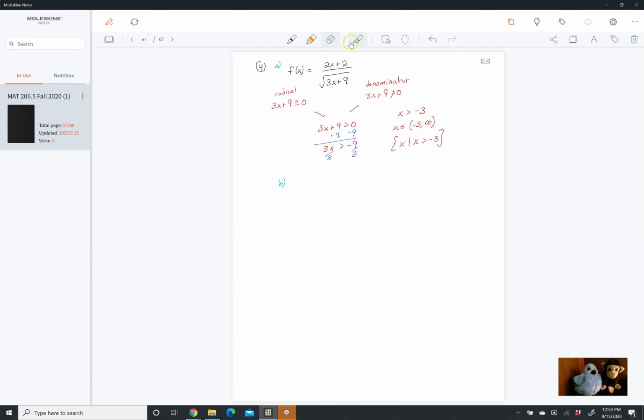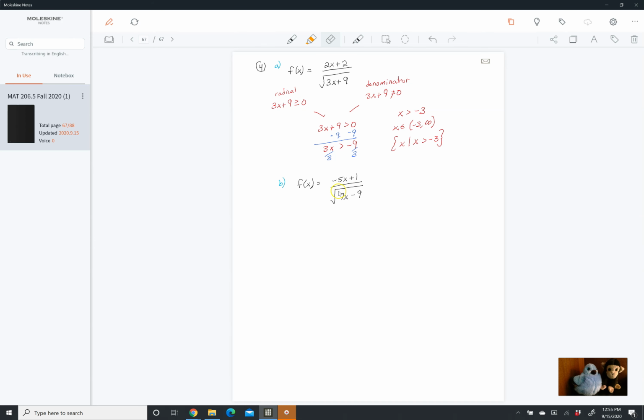Let's say f of x is equal to -5x plus 1 over the square root of 7x minus 9. Okay, so remember, from the radical, we're saying 7x minus 9 has to be greater than or equal to 0.